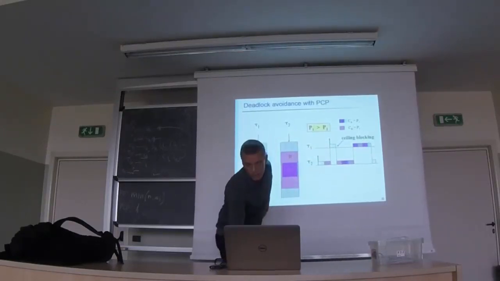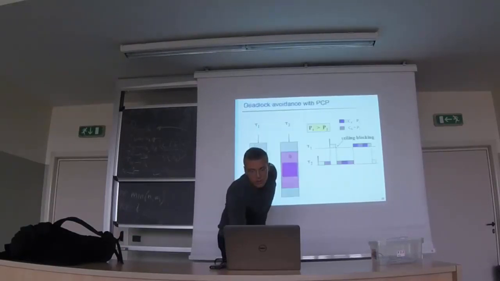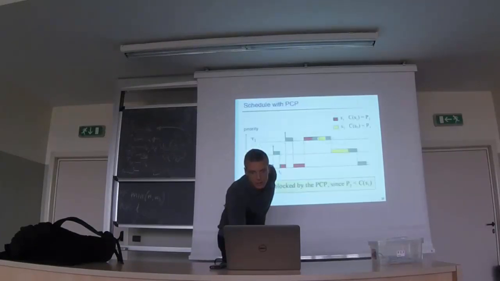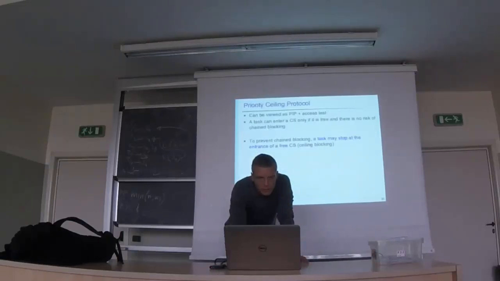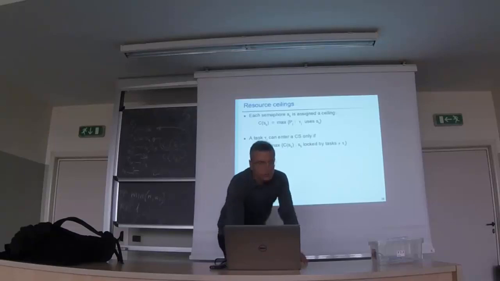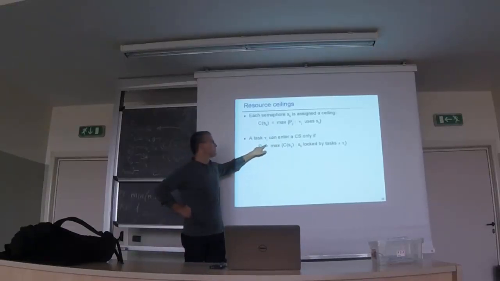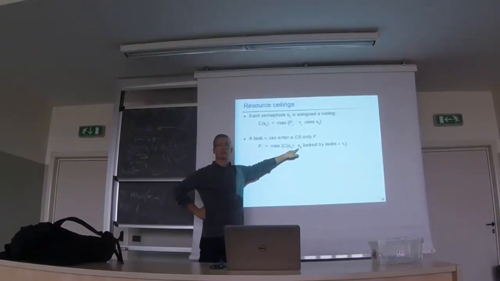So in order to lock, you need to satisfy the condition. I got lost, sorry. Here, I have to satisfy this condition: priority should be strictly higher than the ceiling of the currently locked semaphores.